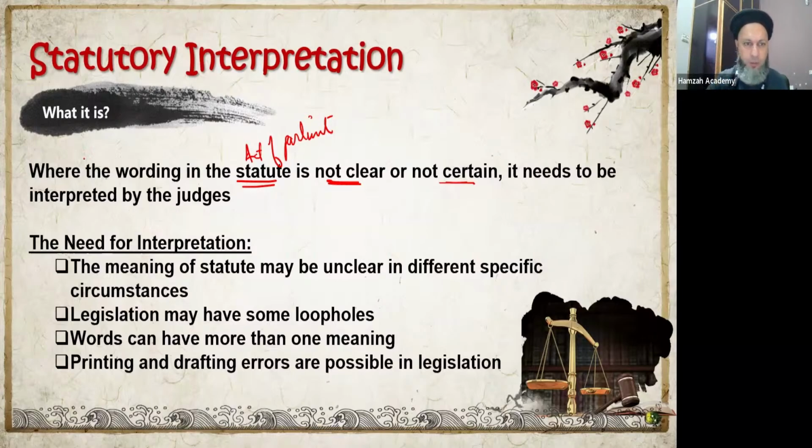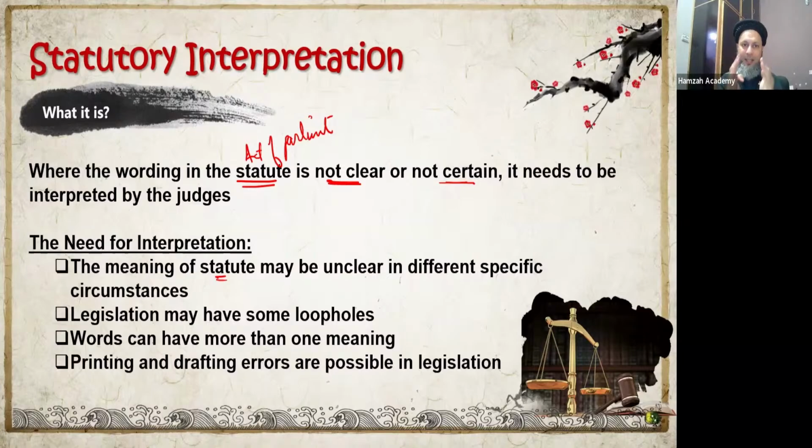So what is the need for interpretation? The meaning of a statute may be unclear in different specific circumstances, because when the law was made, not every single possible scenario can be assumed by parliament at that time. So they make a law, and sometimes it so happens that the meaning of the law is different when the judge is implementing that, and the judge is confused that this meaning does not apply here.